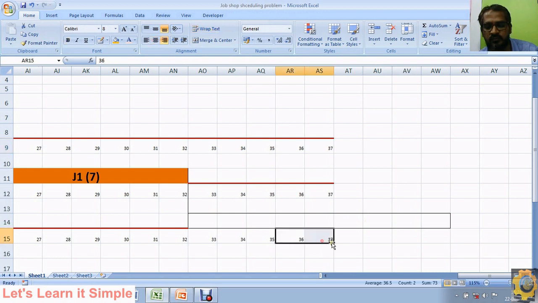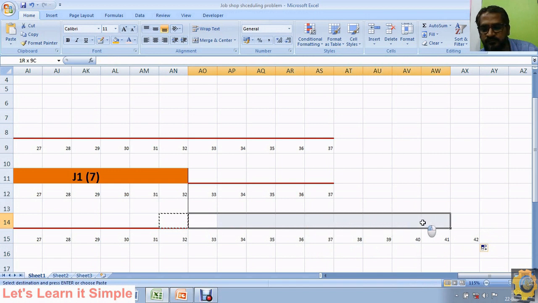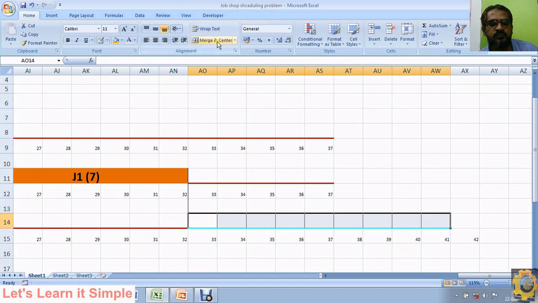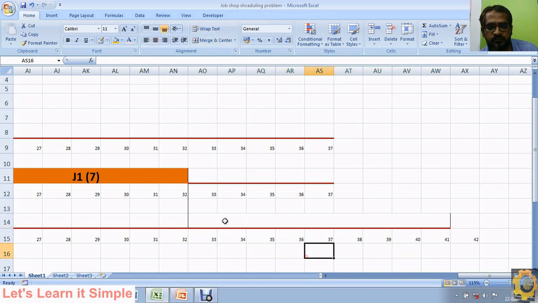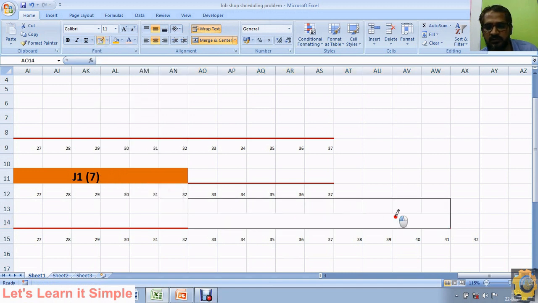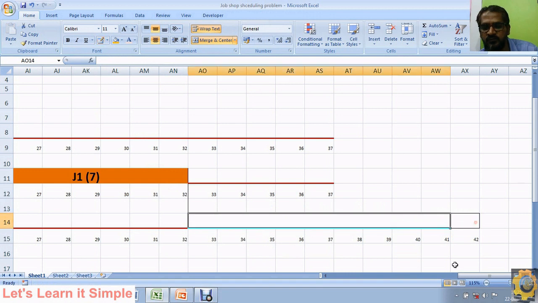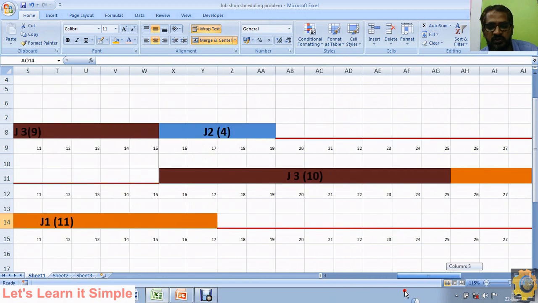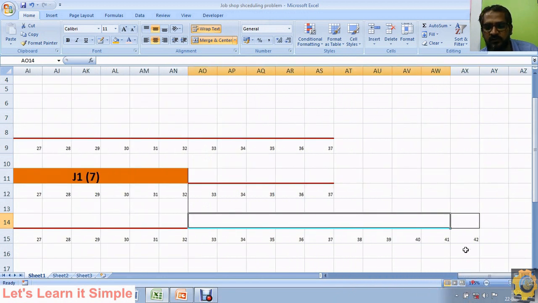So let me extend the time as well. I can draw the table over here. 42, because its time unit is 10, so 32 plus 10, 42.